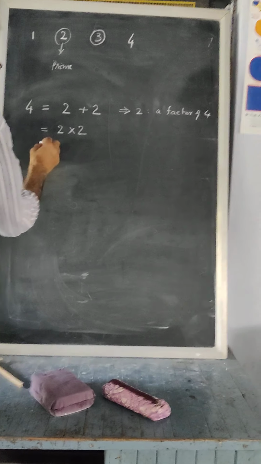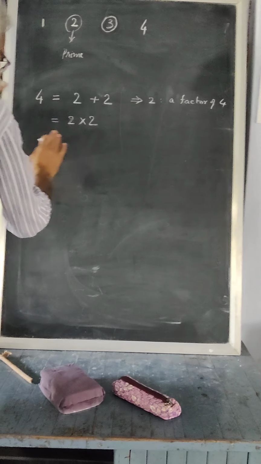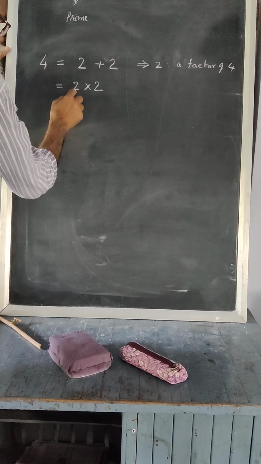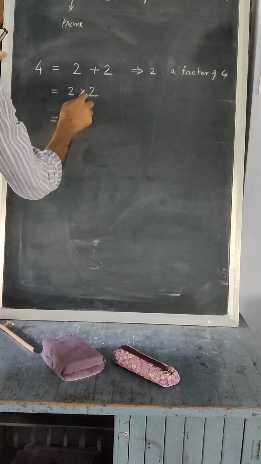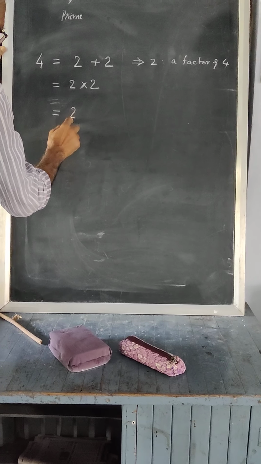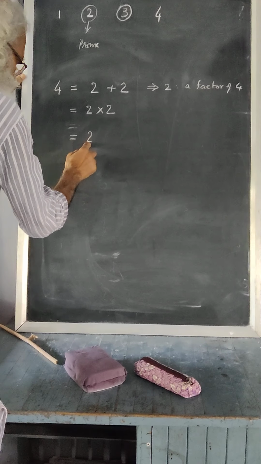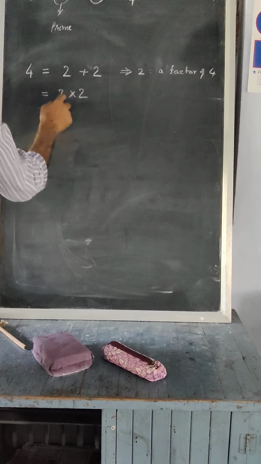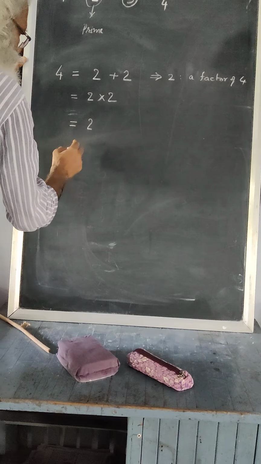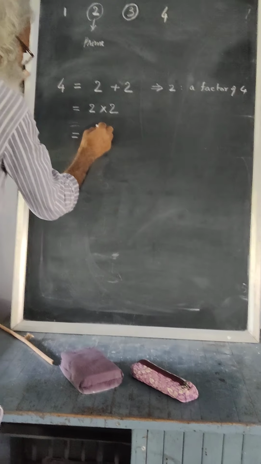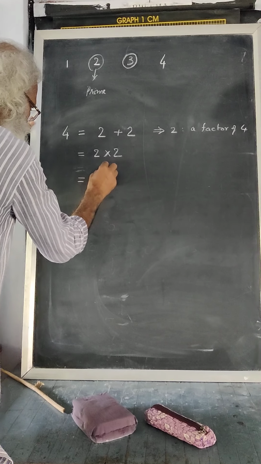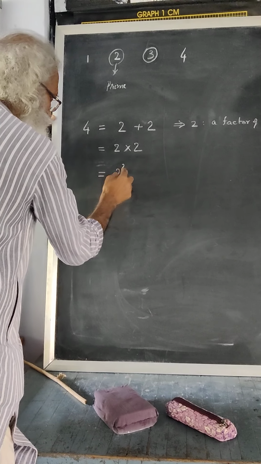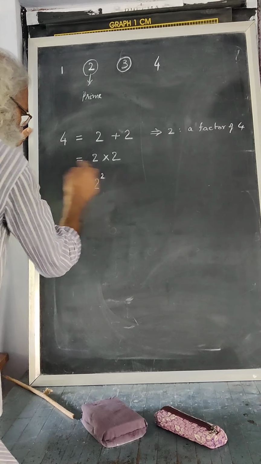Then we have another short symbol for this, and that is the exponent form. The number that is repeated, which is 2, is written, and that is called the base. How many times is the number repeated here? 2 times. Therefore, that 2 is written small, towards the right and on the top.